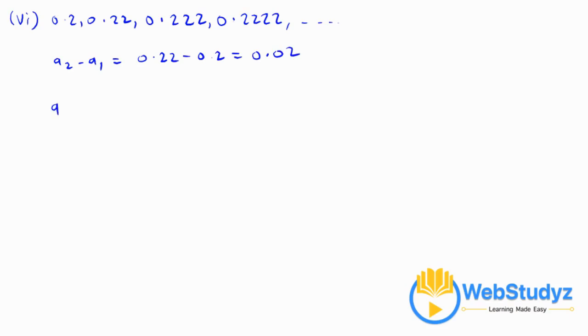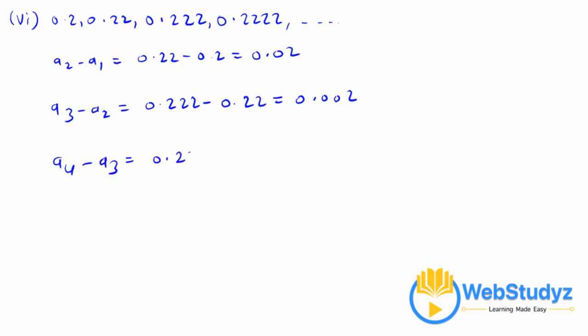Again checking common difference, which is A3 minus A2, this will be 0.222 minus 0.22, which gives us the value as 0.002. Again checking common difference, which is A4 minus A3, which is 0.2222 minus 0.222 is equal to 0.0002.